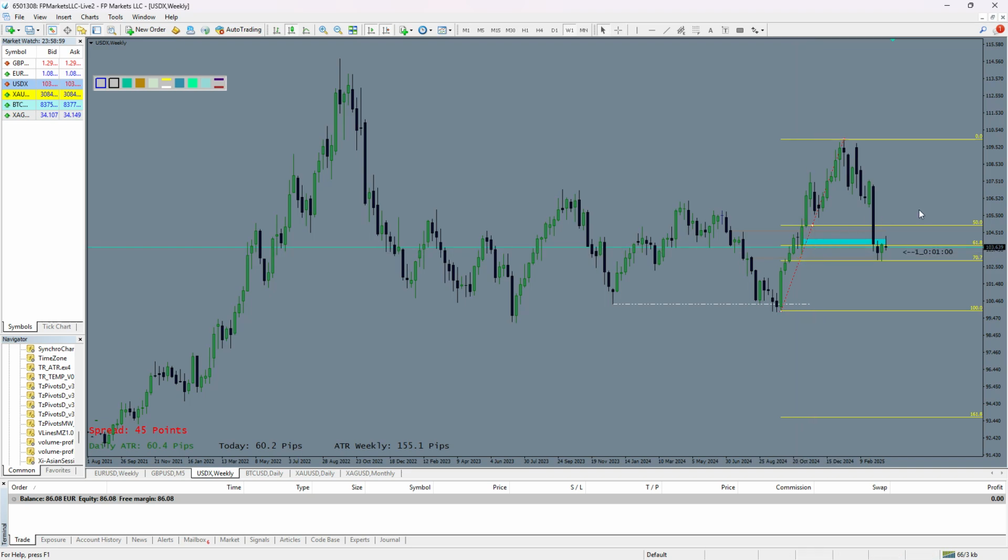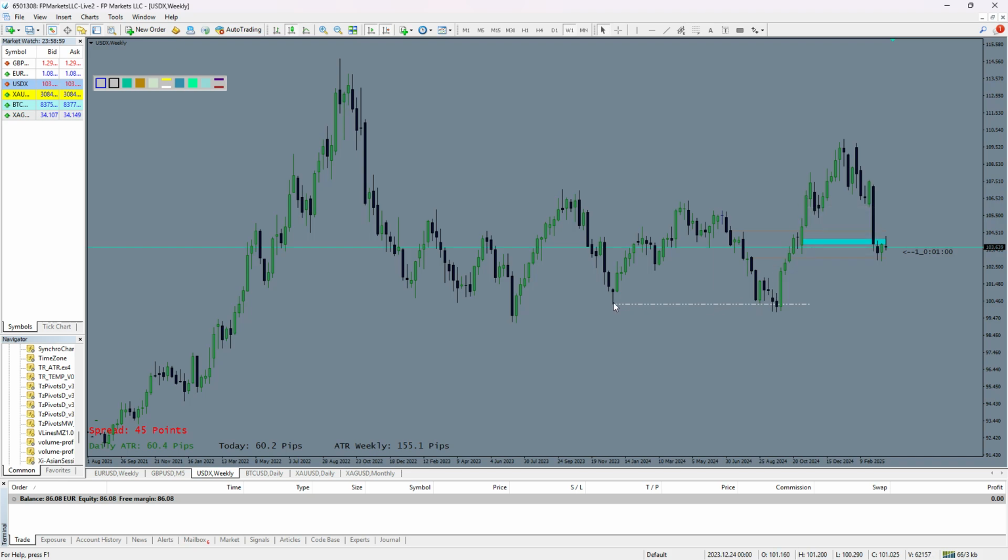Let me clear this. Now you can see it much better. And that low is also taken out, so it's pretty much enough for the price to start a new rally. However, this one is not touched. This is a bullish breaker, because we have a low, a high, a lower low, and then a rally.